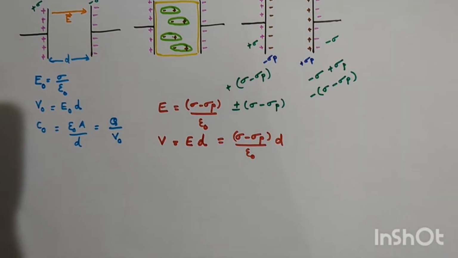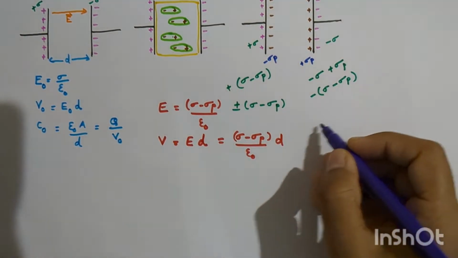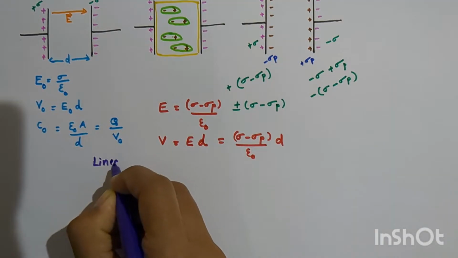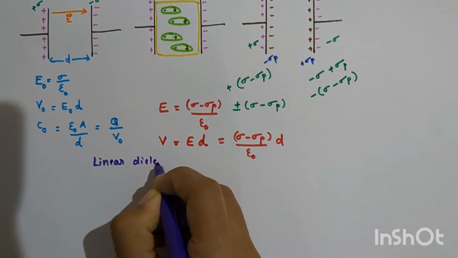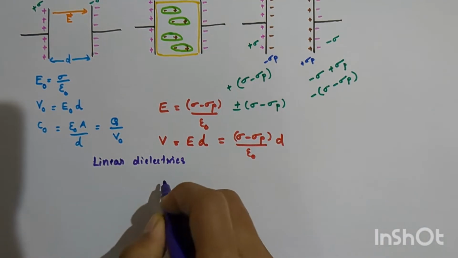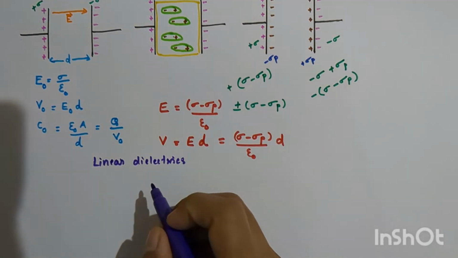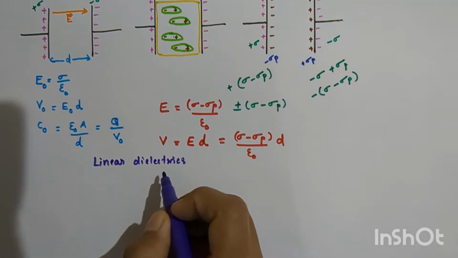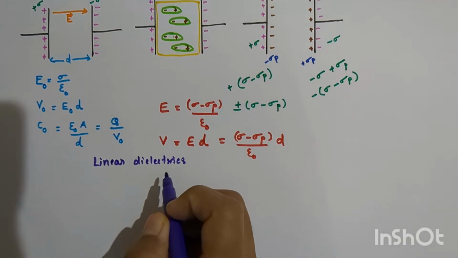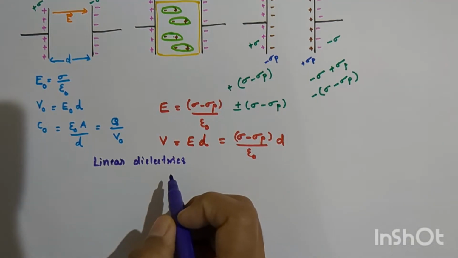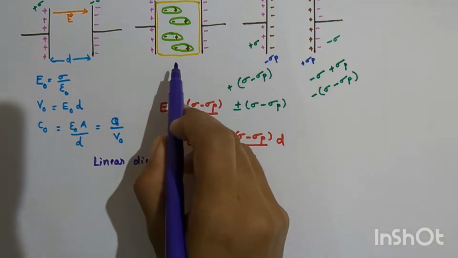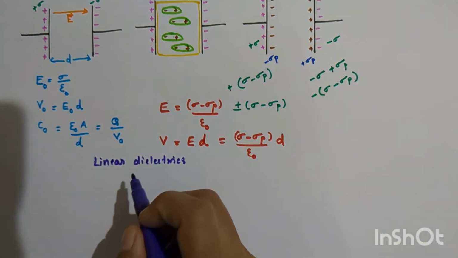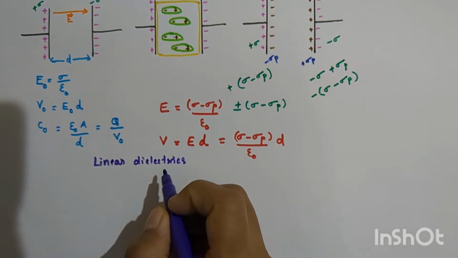Now you see, for linear dielectrics, linear dielectrics are materials in which the induced polarization is proportional to the electric field. That is, in linear dielectrics, the strength of polarization will be proportional to the external electric field.